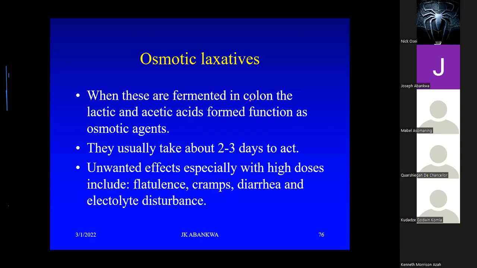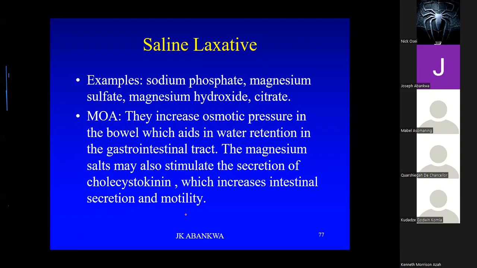When these are fermented in the colon, the lactic and acetic acids function as osmotic agents. They usually take about 2 to 3 days to act. Now here, the unwanted effects, especially with high doses, include flatulence, cramps, diarrhea, and electrolyte disturbance.